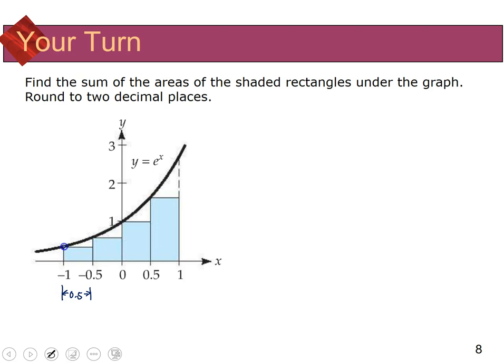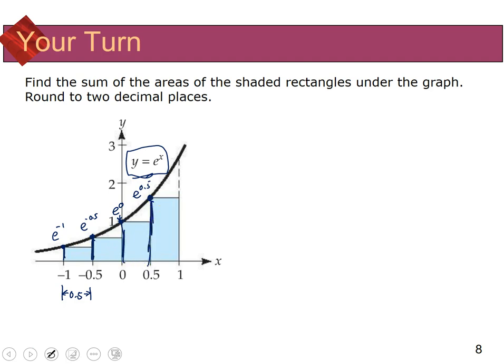Now, I can see that these are going to be the estimates of the height of these rectangles. So this one here would be e to the negative 1 power. This would be e to the negative 0.5 power, because we are looking at the function y equals e to the x. This would be e to the 0 power, which we of course see as 1. This would be e to the 0.5 power. So that represents the heights of each one of these.